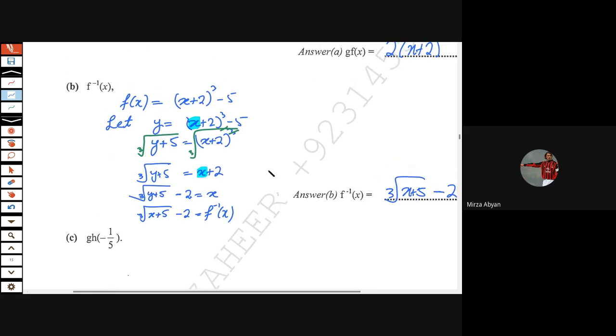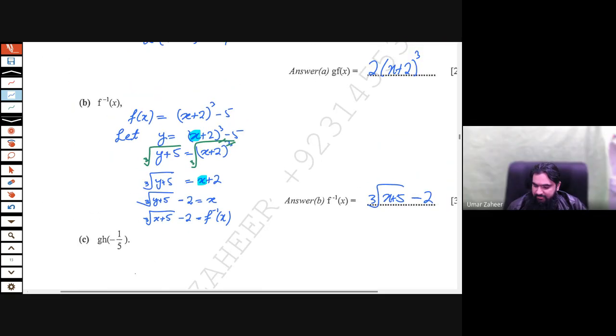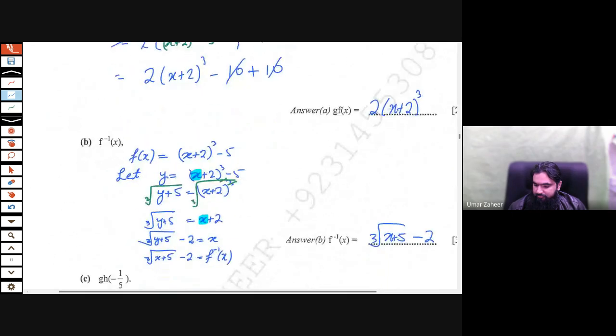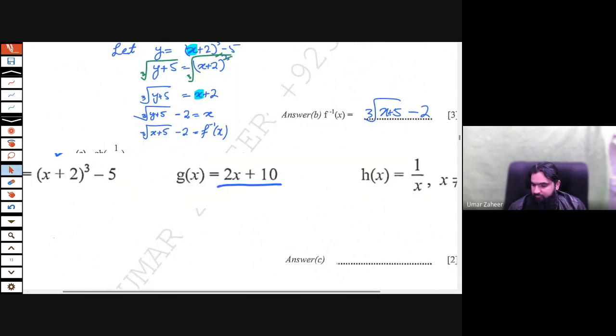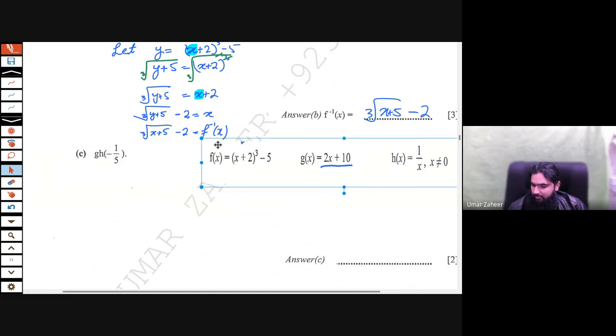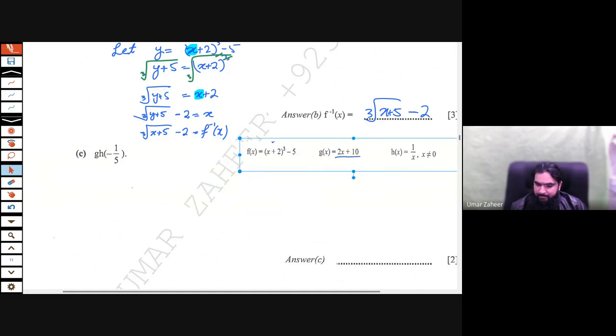Now in the next part, he says that you have to find g of h of minus 1 by 5. Okay, I will take the functions down. We don't have the value of h of minus 1 by 5, so first of all we will find it.